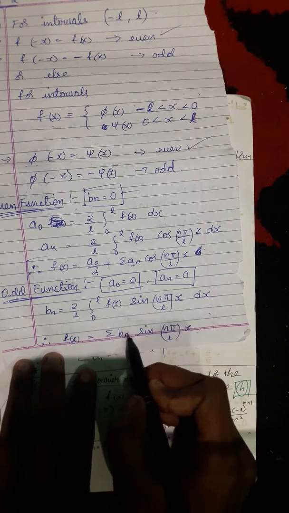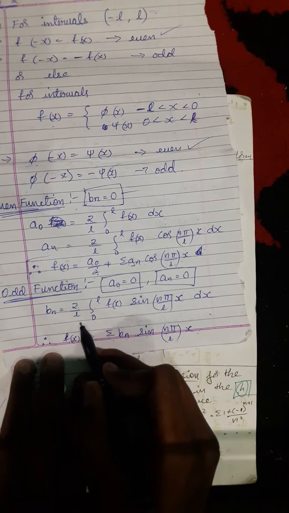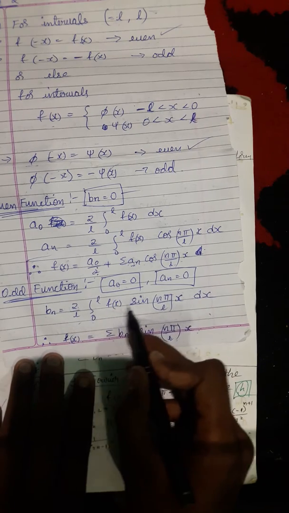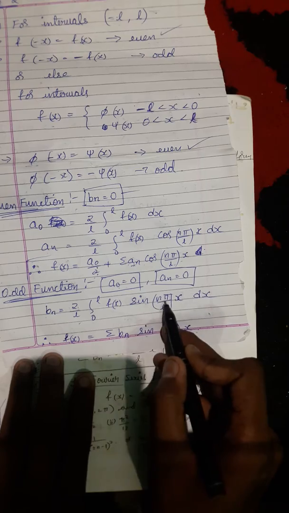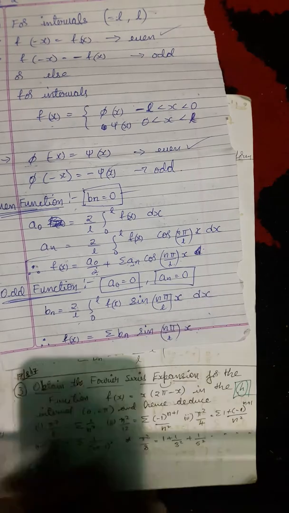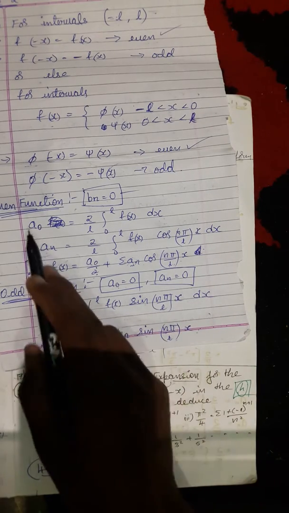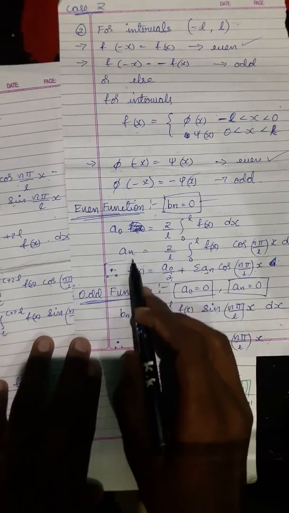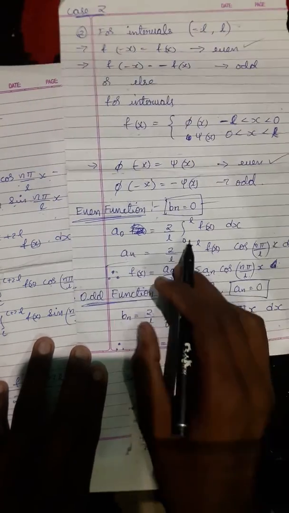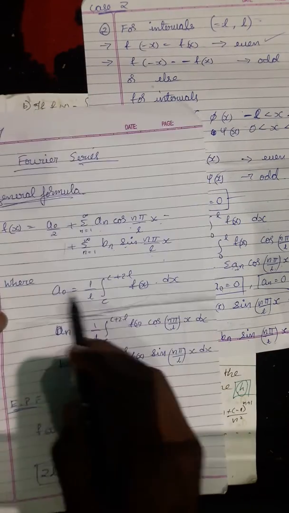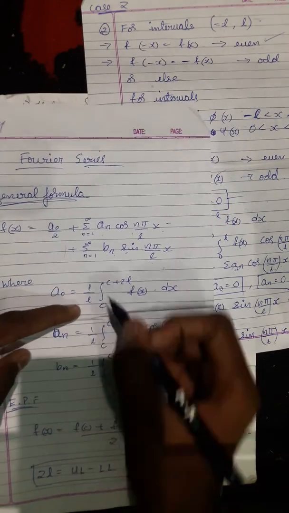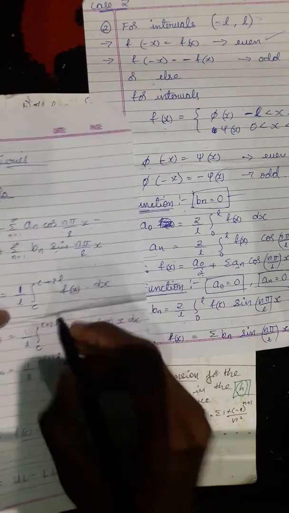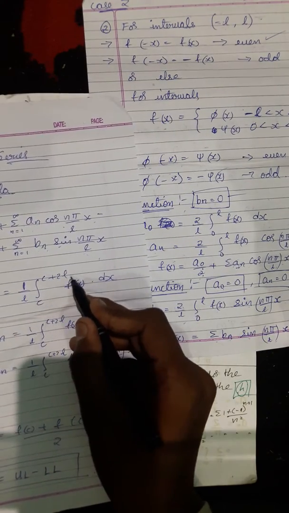For finding bn, we have to use this formula: 2 by l, 0 to l, f of x sin n pi by l into x dx. And the difference between the even and odd function method and the general method comes here. While finding a0, an and bn, we have a different formula. In the general formula, an is defined as 1 by l with limits c to c plus 2l.